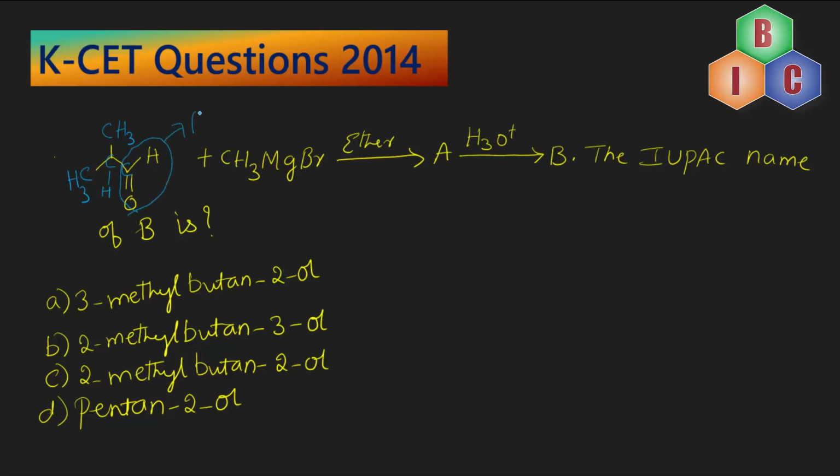CHO means, you know, this is an aldehyde. So we are treating an aldehyde with methyl magnesium bromide, which is our Grignard reagent, in presence of dry ether. So it's going to give us a compound A.